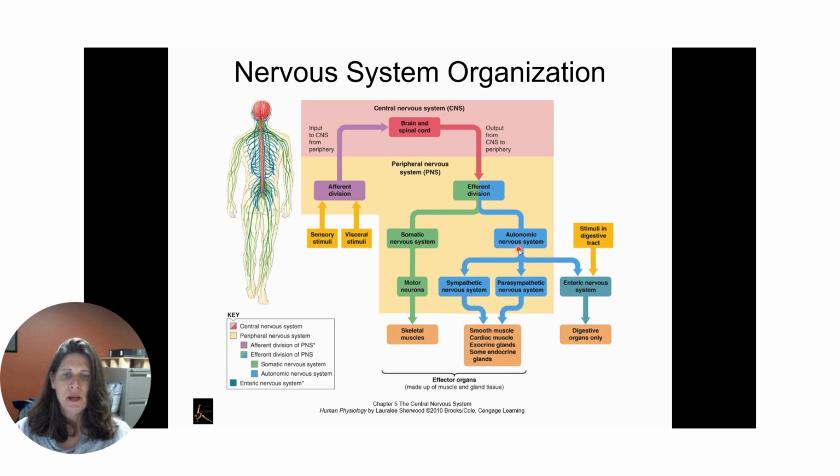This is also abbreviated as the ANS. Within the autonomic system, what we're going to see in a later lecture is that we can split that up into a sympathetic system and parasympathetic. These are, again, different sets of nerves. The sympathetic nervous system will stimulate organs that are necessary when you're in an excited state, what we call fight or flight.